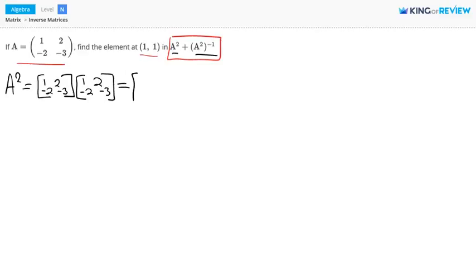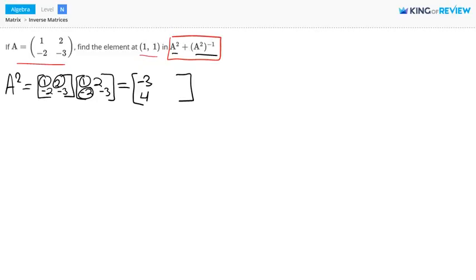So now let's find the product. For the first entry, we have 1 times 1 plus 2 times negative 2. That equals negative 3. For the next entry, we have negative 2 times 1 plus negative 3 times negative 2. That equals 4.